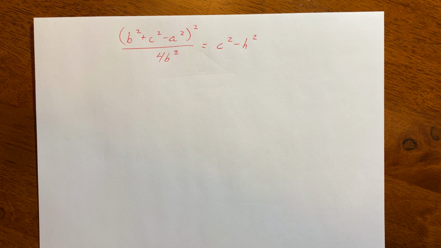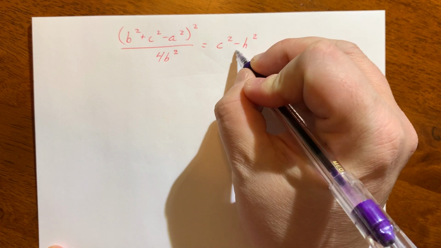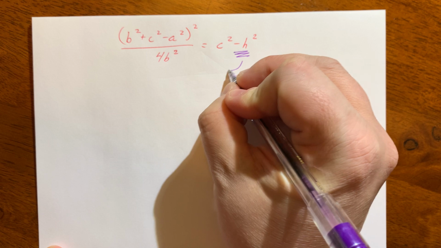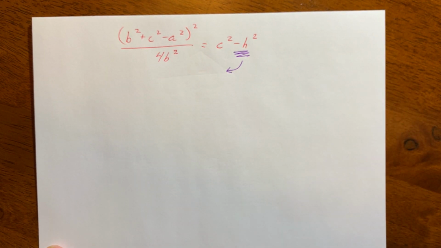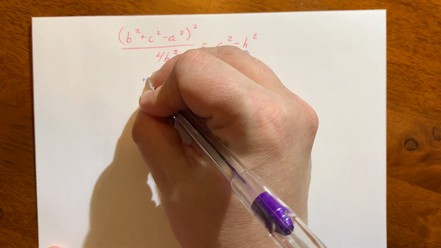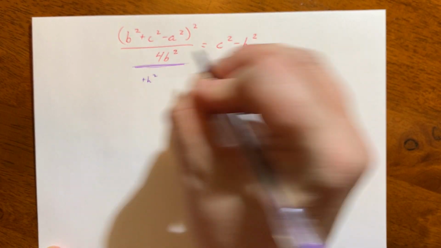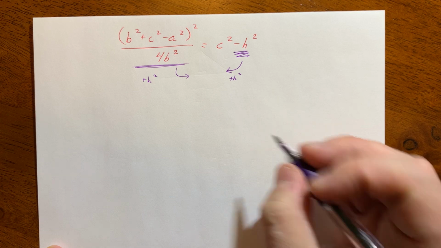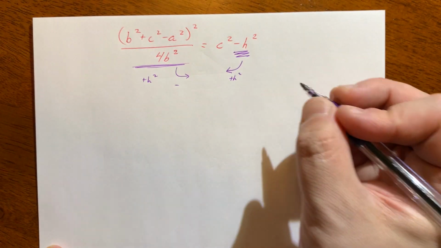Well, I actually want to swap some things around. What I'm going to do is take the minus h squared and move it over to the right side by adding h squared to both sides. But I'm also going to take this large fraction and move it to the other side by subtracting it from both sides.